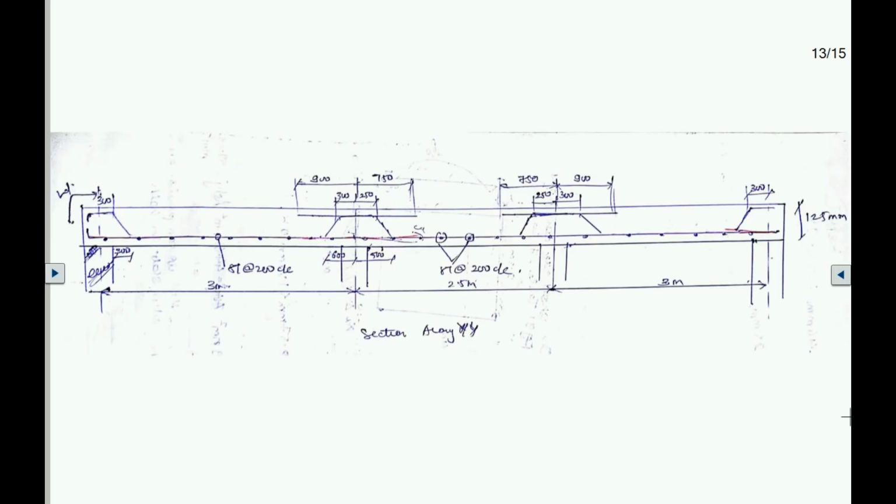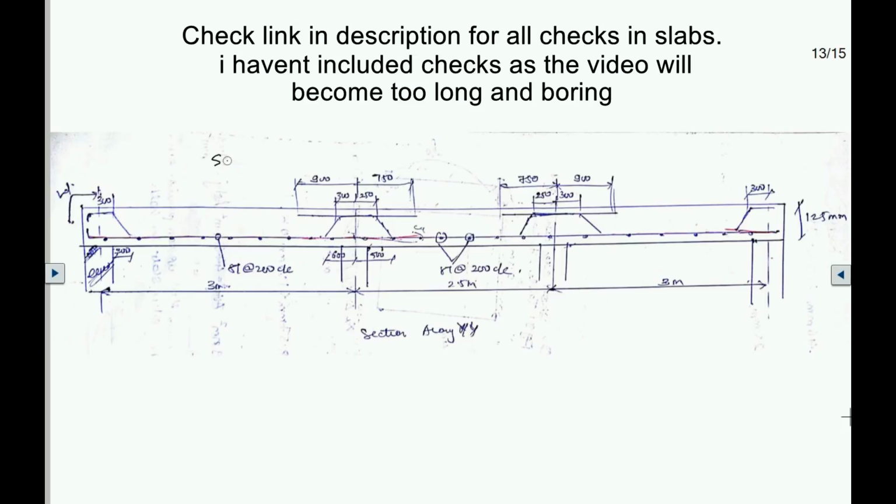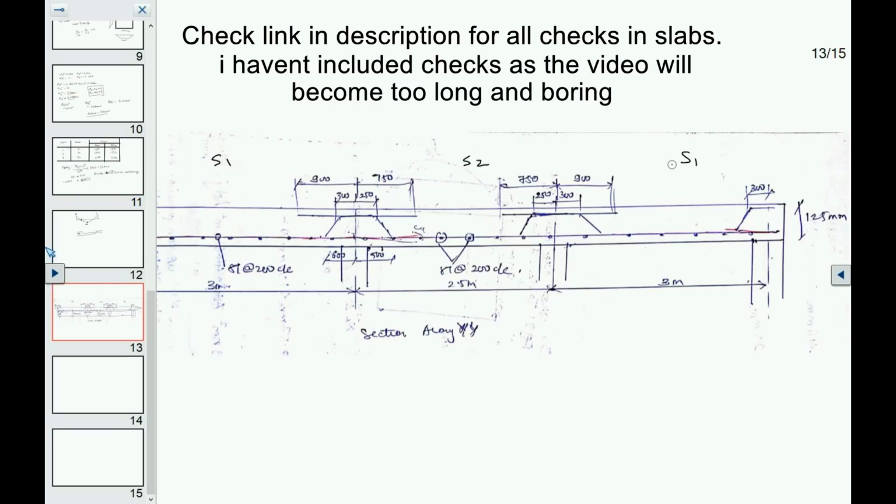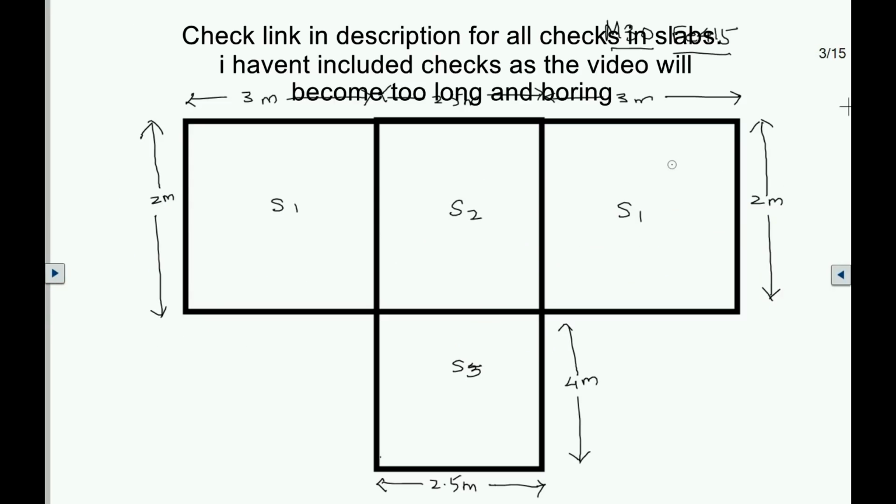So I just made the section detailing of the slab by hand. This is S1 slab, this is S2 slab, and again this one is S1 slab. I'll show you how the section is made. So the section goes like this, and you are looking at that side.